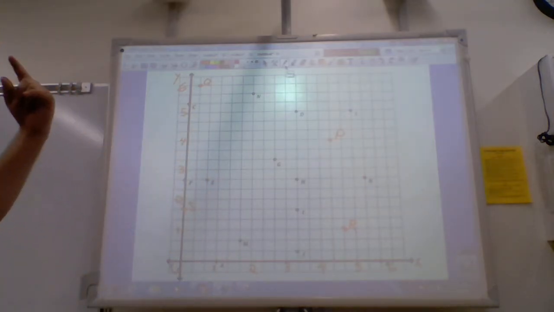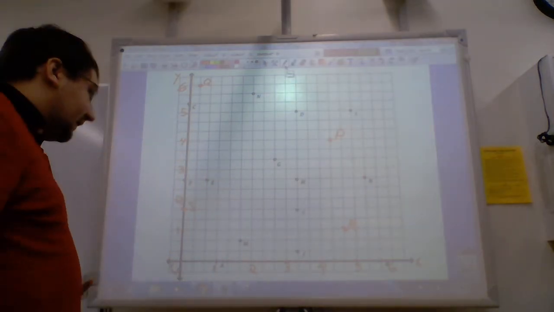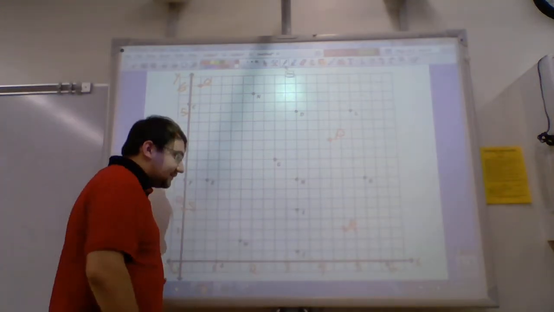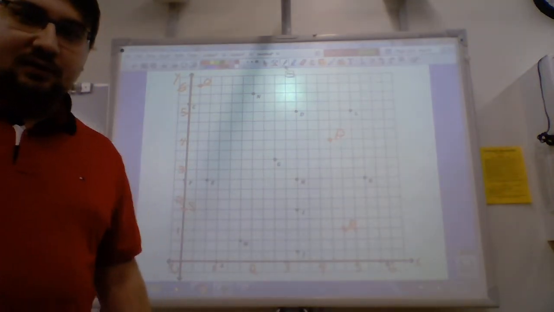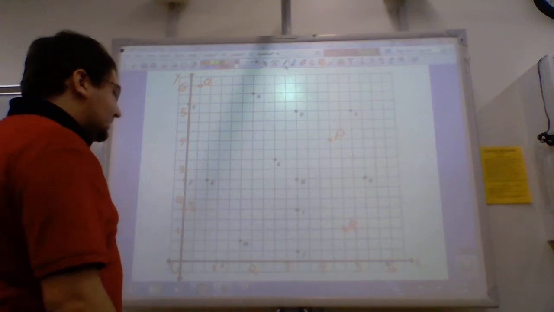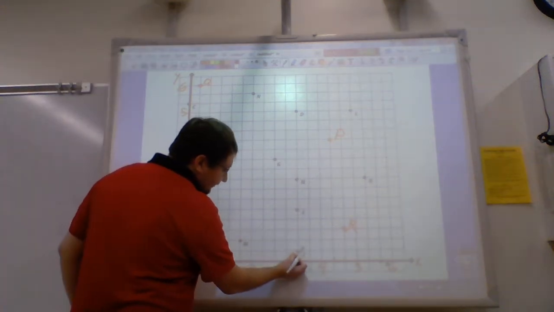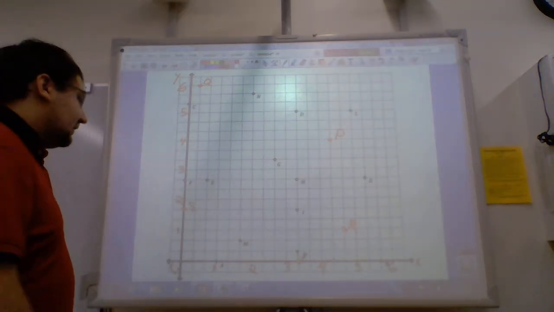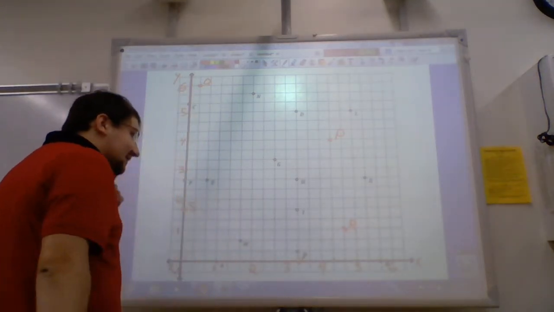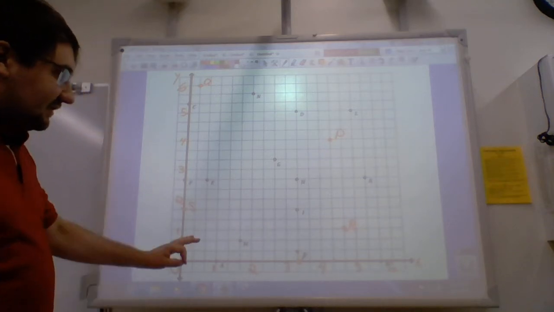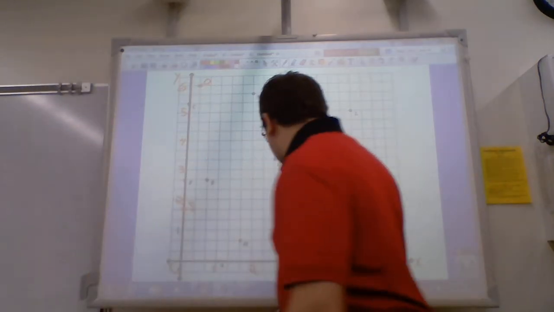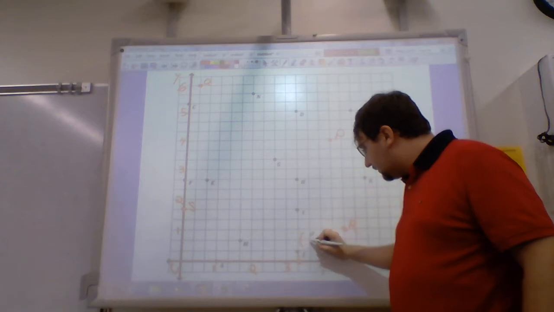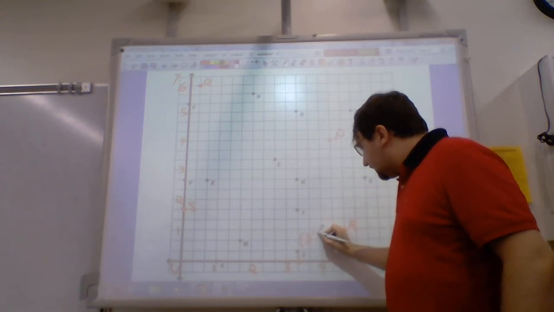Well, what's our first step? We need to draw a line down from J to our x-axis so that we can find its x-coordinate. When we draw that line down, we find out that the x-coordinate of J is 3 1/3.